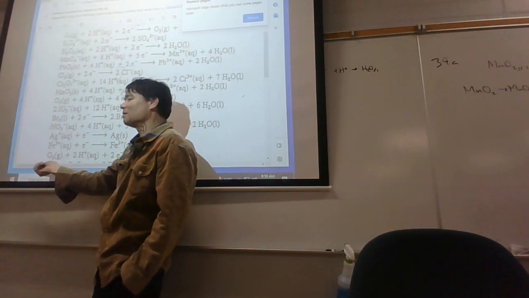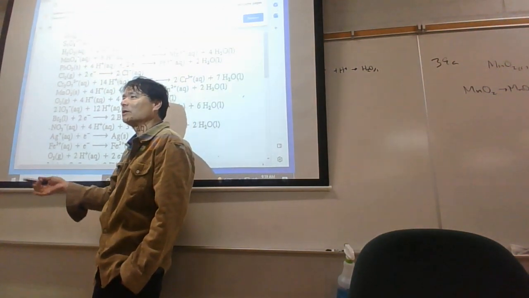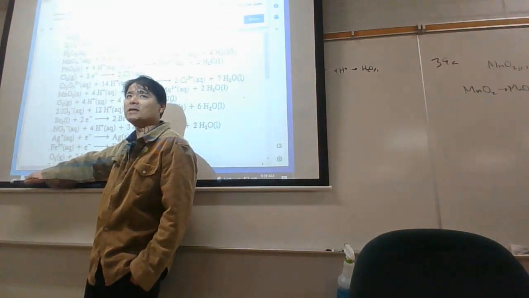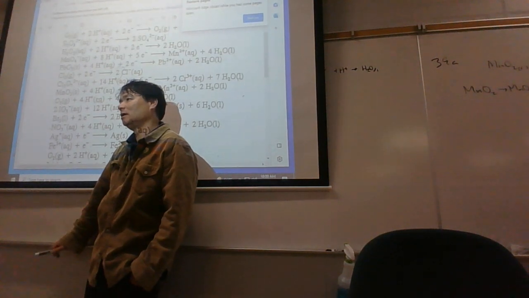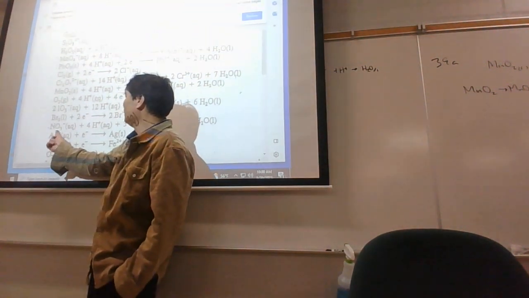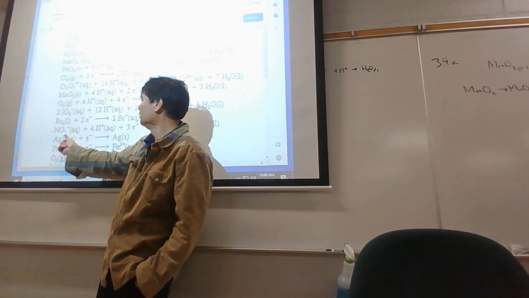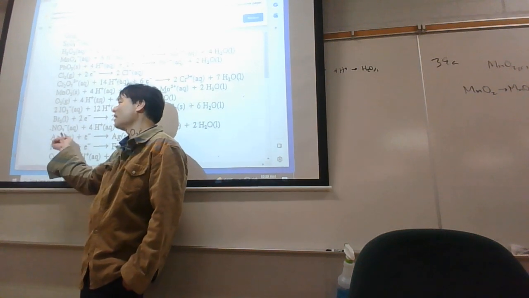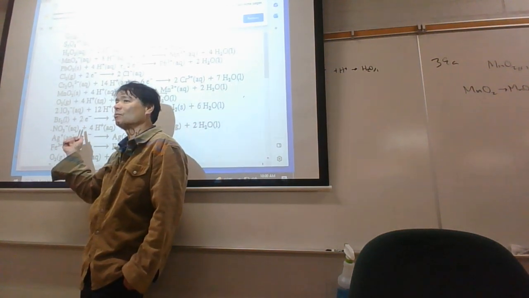So iodine should be somewhere down here, right? We could predict that. If iodine wasn't on the chart, we could have predicted that, just based on patterns that we see when we review such stuff. And then we have nitrate. Now the interesting thing about nitrate is not that powerful unless there's what present?